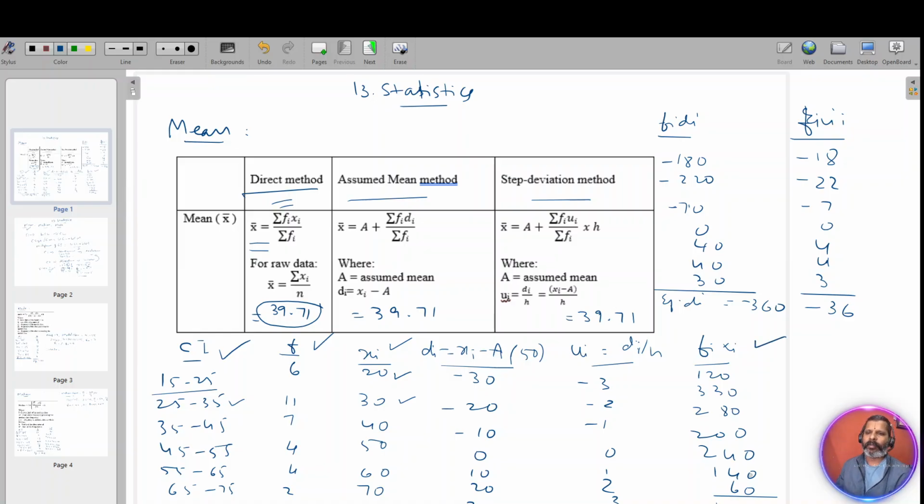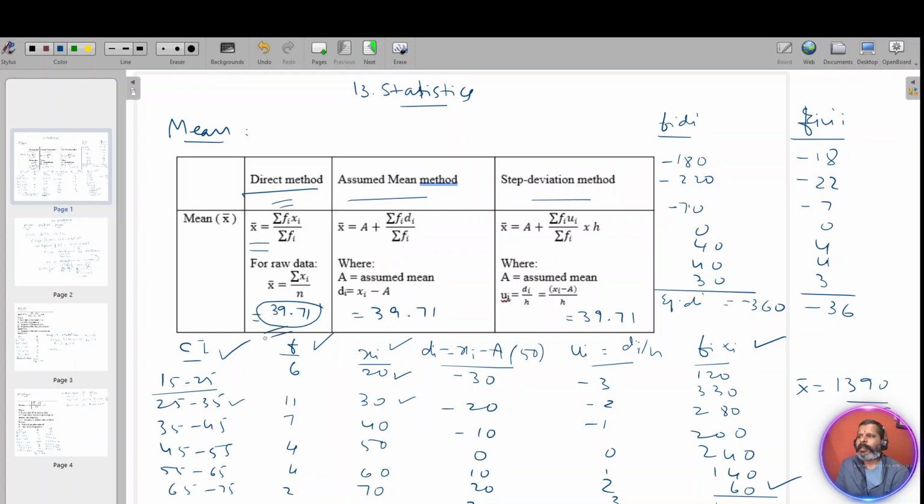See, it is found here. Sigma Fi xi is 1390. So 1390 by 35 will give you 39.71. That is the direct mean method.